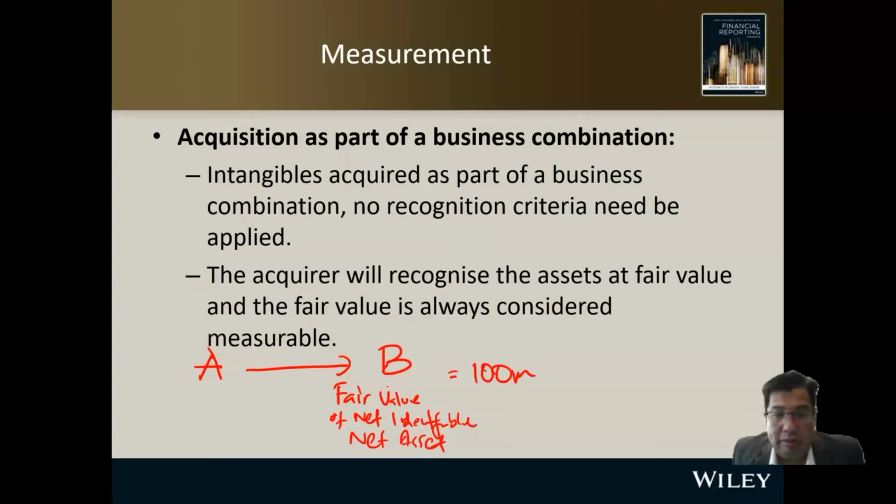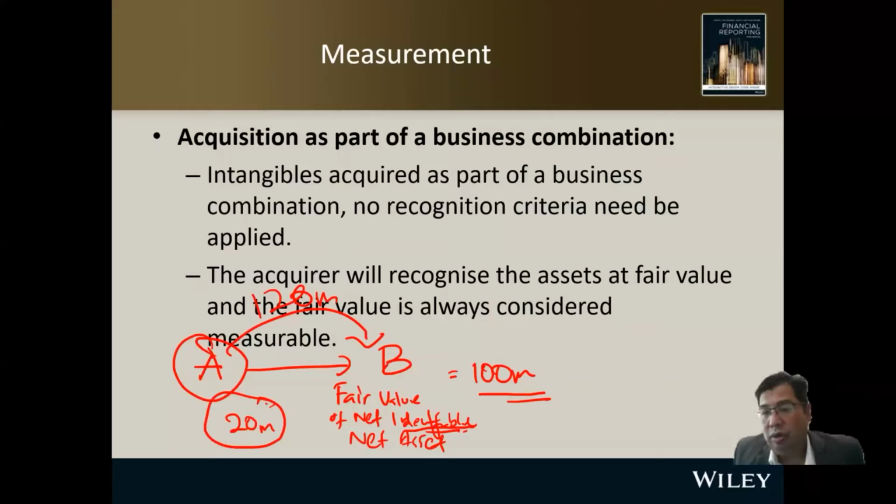That's based on B's identifiable assets, assets that you can identify, 100 million, but A paid B 120 million. The 20 million is unidentifiable, or this falls under goodwill or intangible assets.